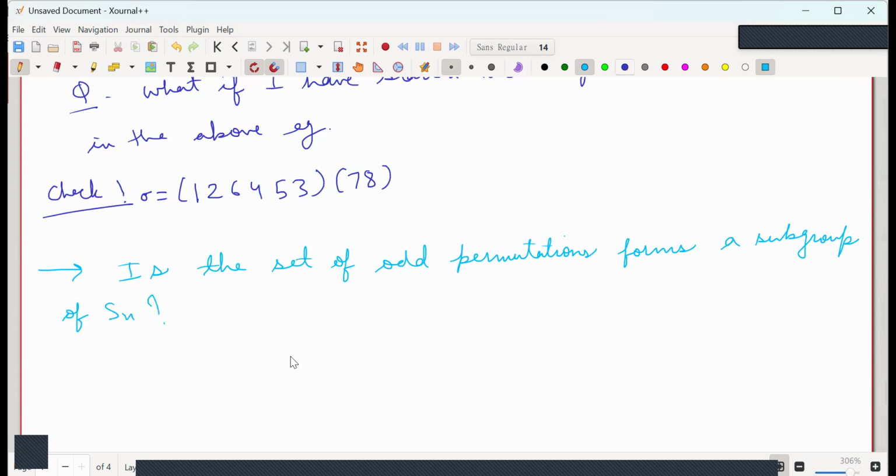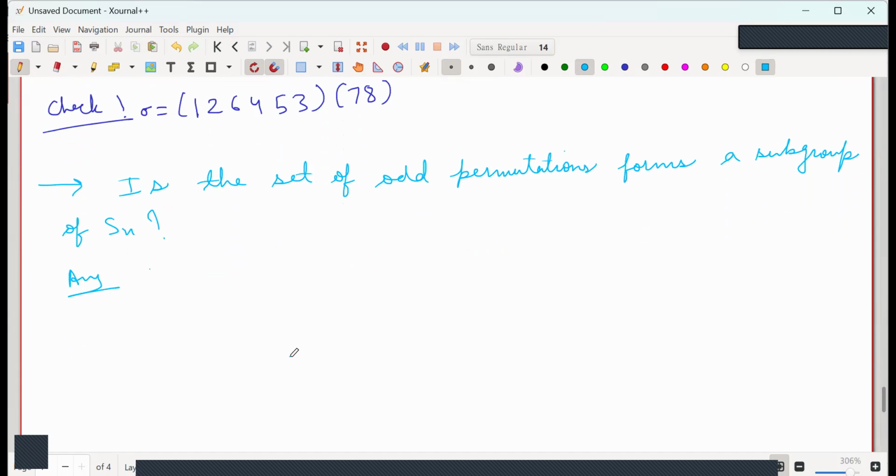And as Pranjana pointed out, the identity is not an odd permutation. It's an even permutation.